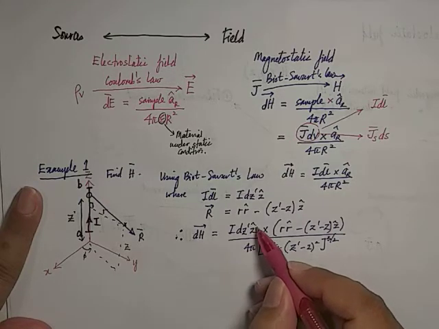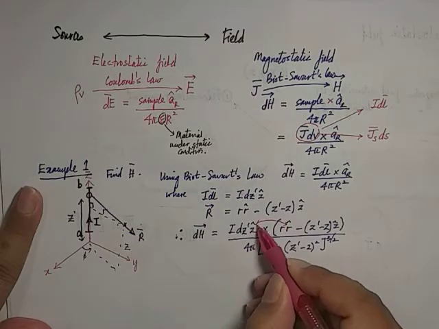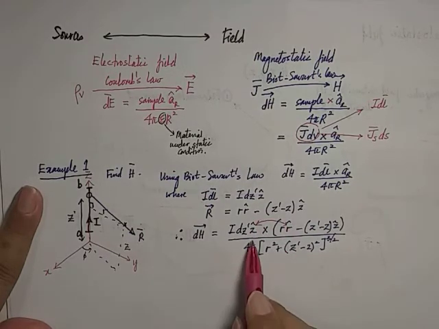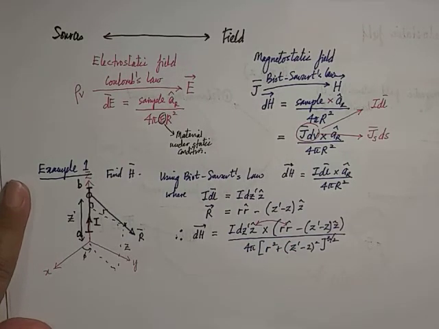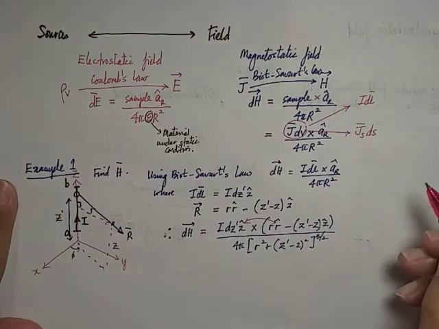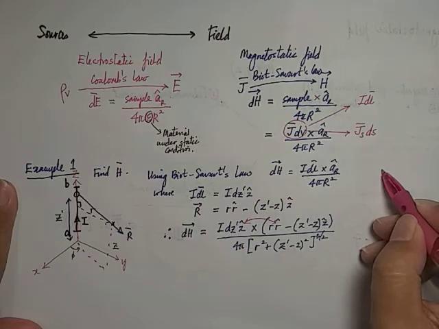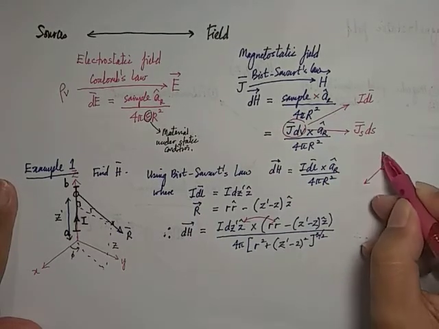What should be the solution of z term cross with r term? Z unit vector cross with r unit vector. What should be the solution? For those who can't remember, you can use my step here. I'm going to represent my unit vectors as this simple diagram.